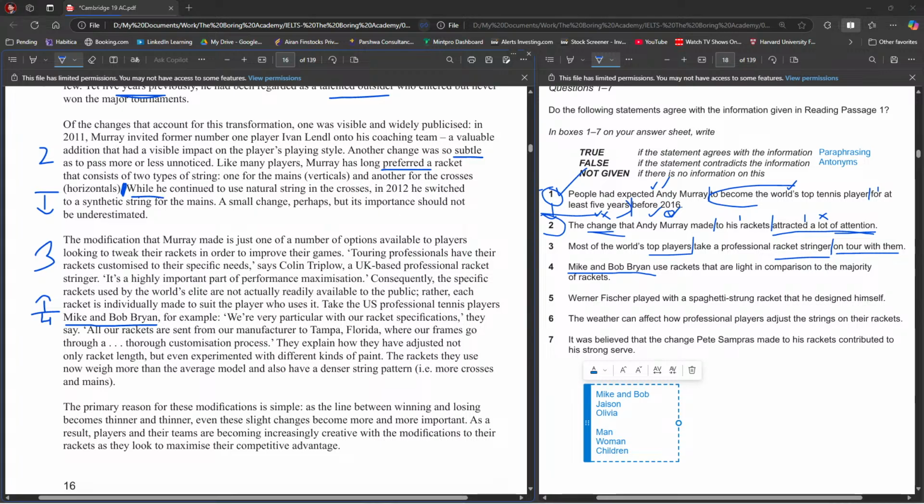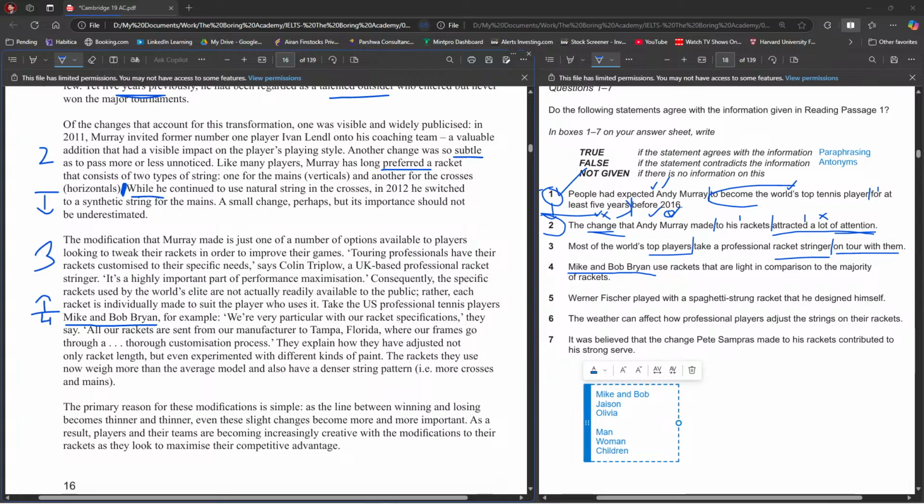While he continued to use natural string in the crosses, in 2012 he switched to a synthetic string for the mains. A small change, perhaps, but its importance should not be underestimated.